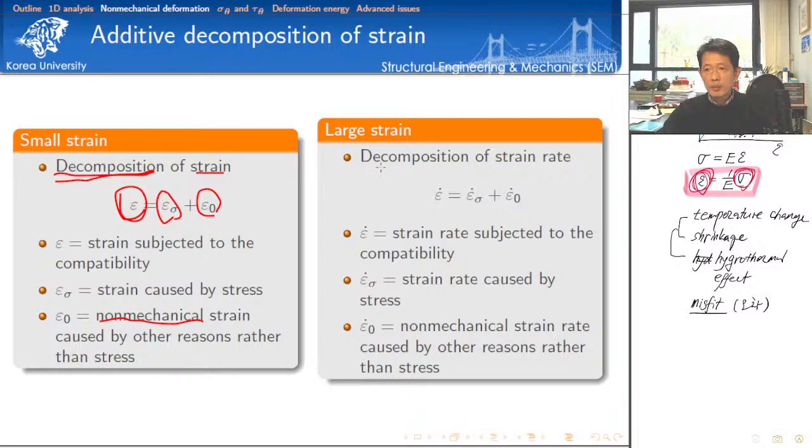Instead, we can decompose the strain rate. Here, the dot on top of the characters represents the time derivative, okay? The rate of strain caused by stress plus the rate of strain caused by other effects rather than the stress is equal to the total strain rate.